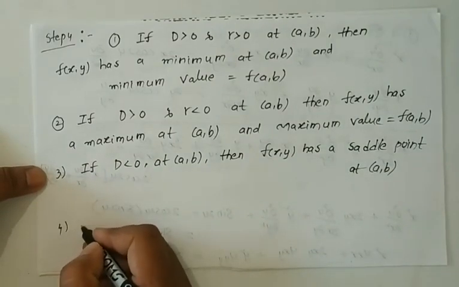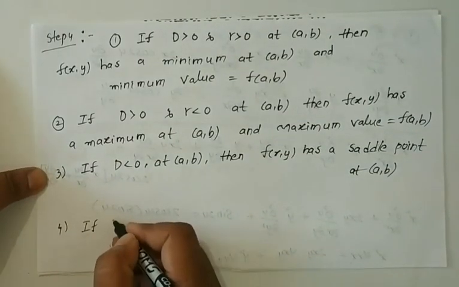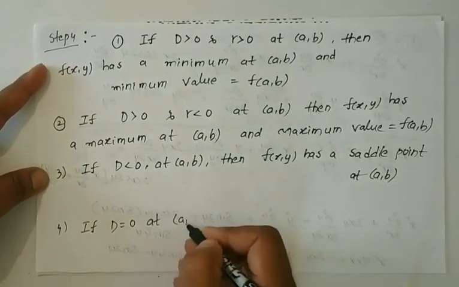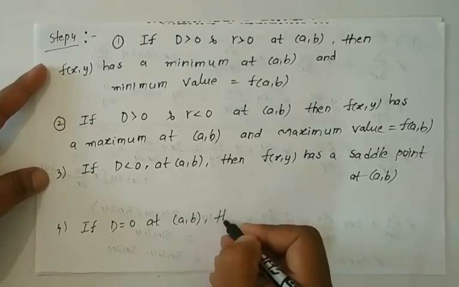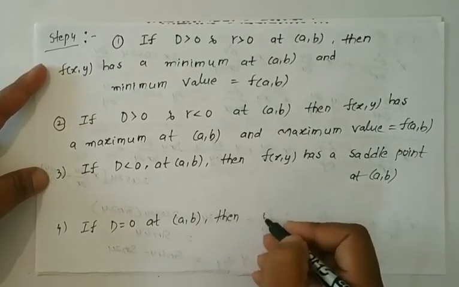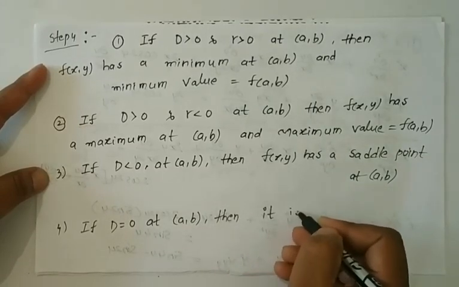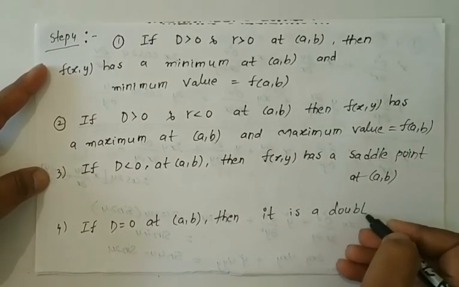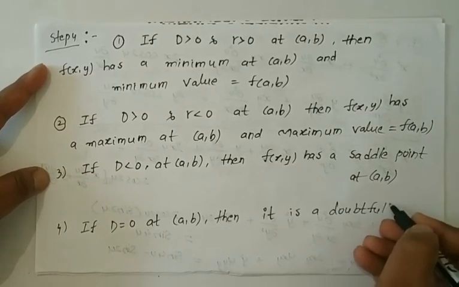Fourth one: if D is equal to 0 at a comma b, then it is a doubtful case.